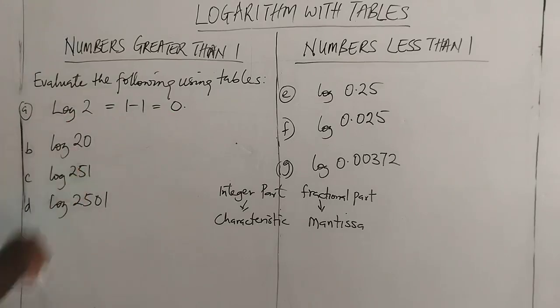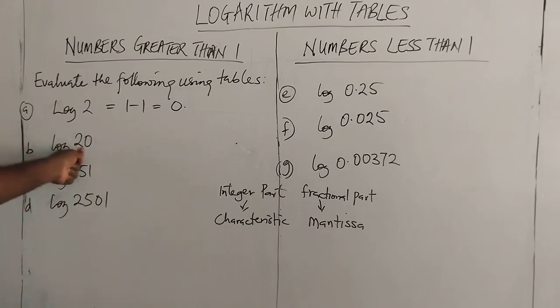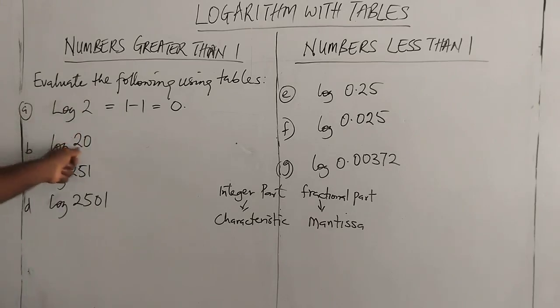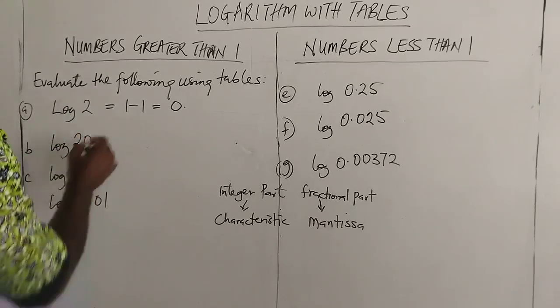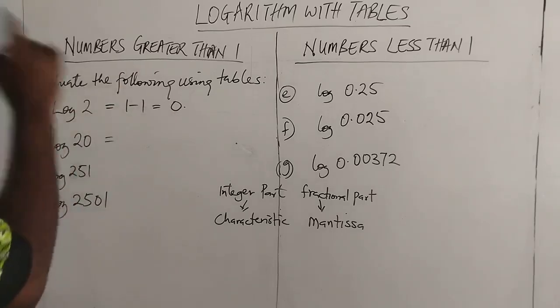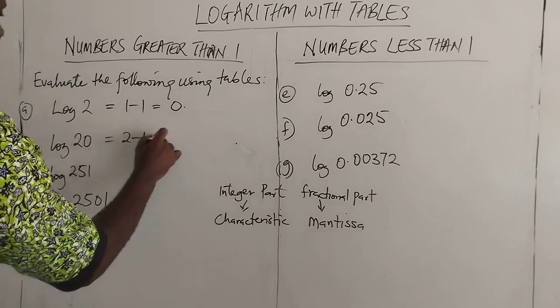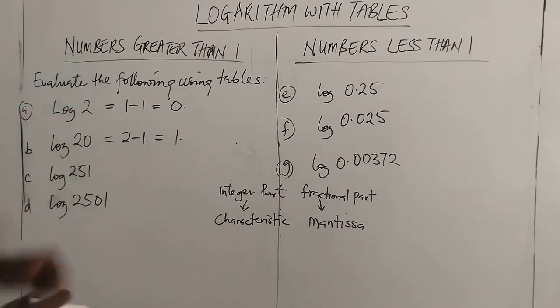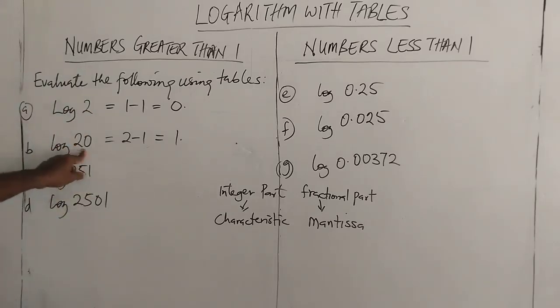For the second one, log 20. 20 is a whole number and there are two digits there. Because there are two digits, the characteristic will be these two digits minus 1. So 2 minus 1, the characteristic will be 1. That's the characteristic of 20.